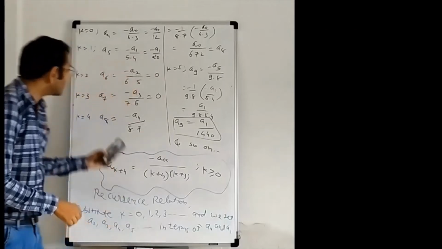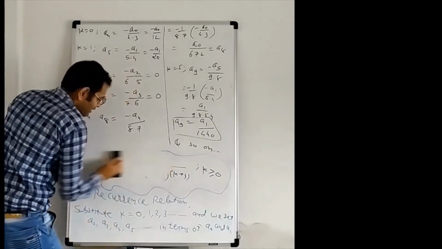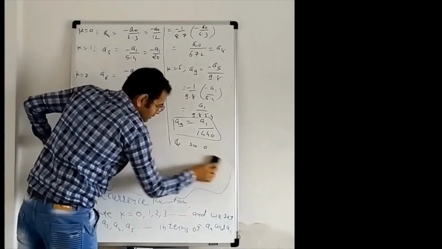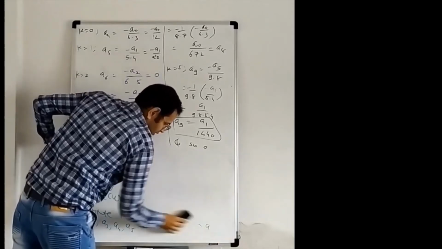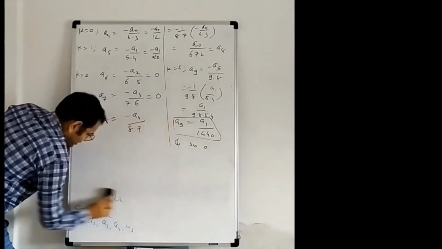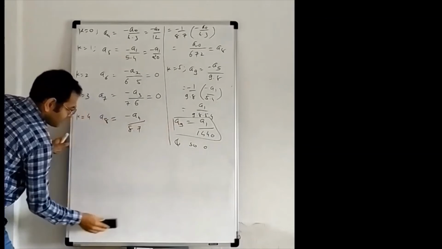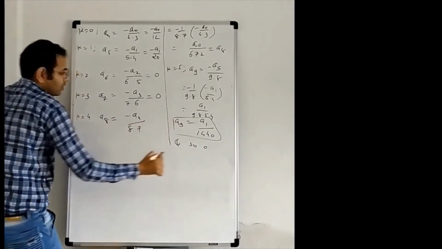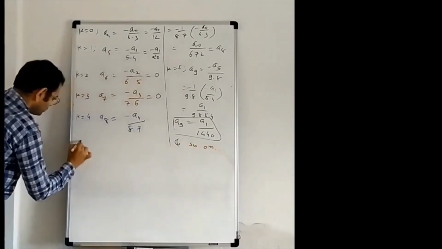Now put these values of the AKs in equation number 2.